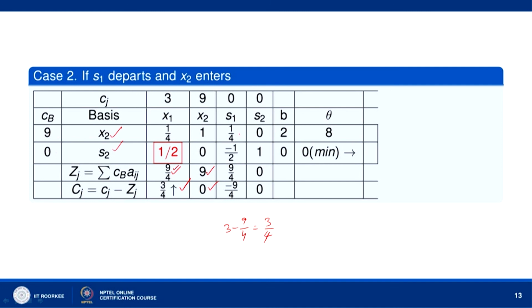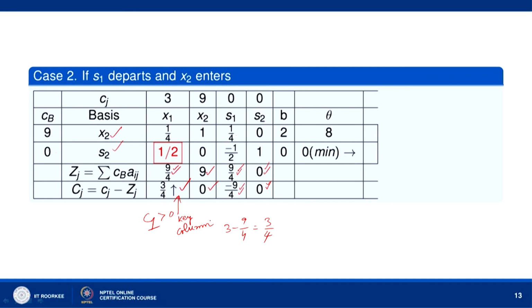Then 9 into 1 by 4 is 9 by 4, so 0 minus 9 by 4 is minus 9 by 4. 9 into 0 is 0, 0 into 1 is 0, so 0 minus 0 is 0. Cj is positive for j equal to 1, C1 is greater than 0. So this is the key column.